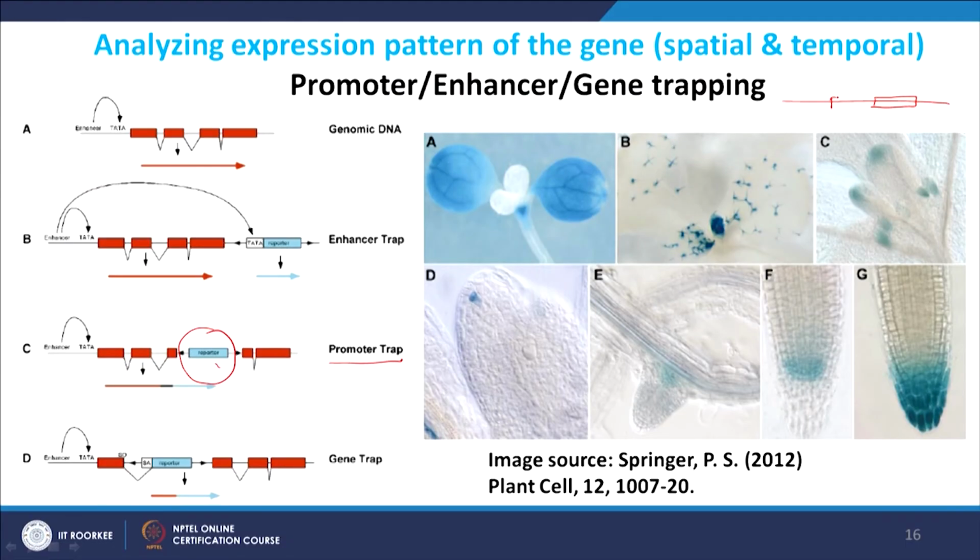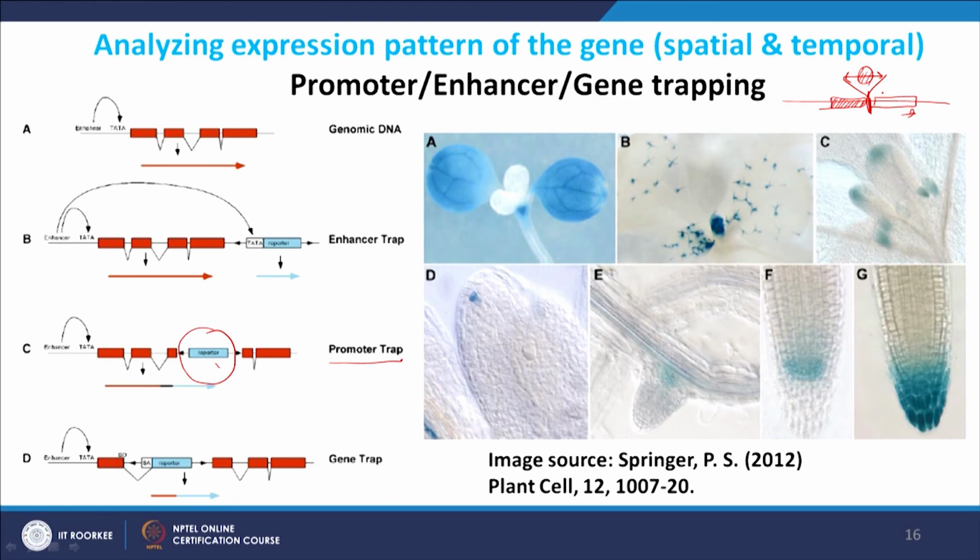If this is the promoter and this is the gene, and your construct gets inserted here, then the reporter gets promoter activity from the petal-expressed gene. So you are randomly integrating a reporter in the genome and trying to identify a transgenic line where the reporter has been integrated downstream of a promoter which is active in a particular tissue, and then you can isolate them. Similarly, you can do gene trapping and enhancer trapping.